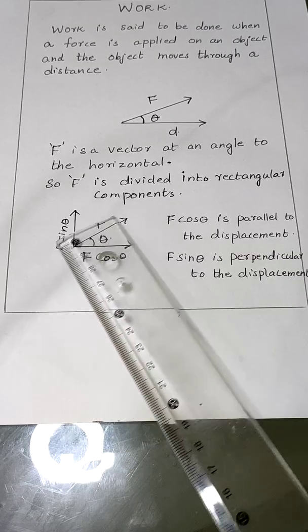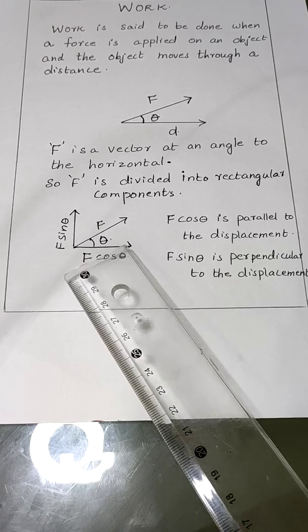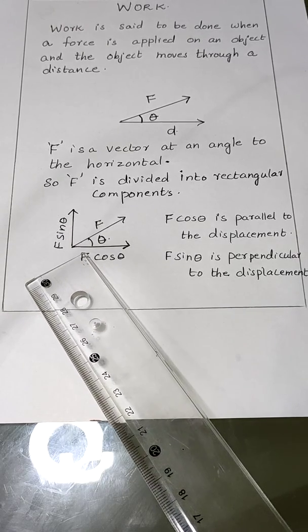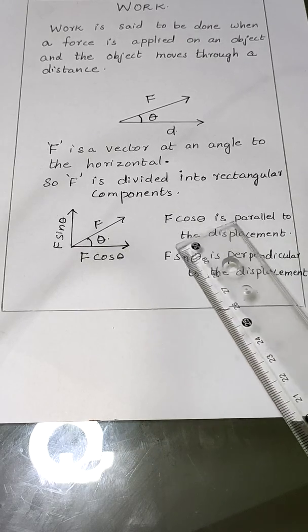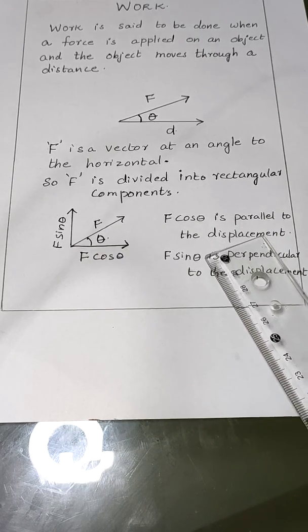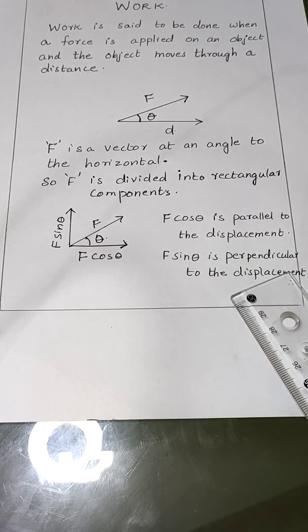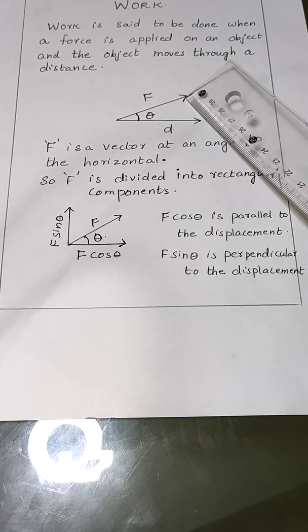Now F is divided into F cos theta along the x-axis and F sin theta along the y-axis, which means F cos theta is parallel to the displacement and F sin theta is perpendicular to the displacement. It's in comparison with the above diagram.